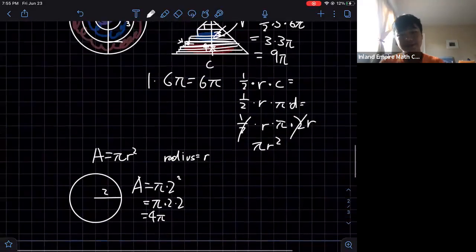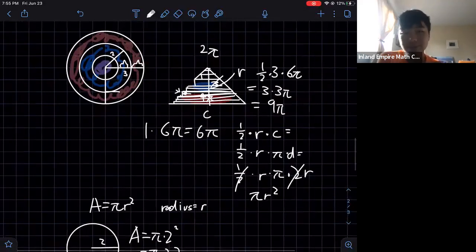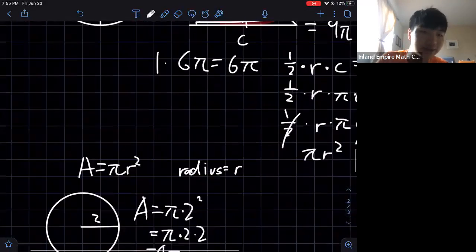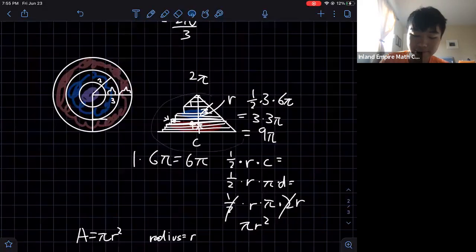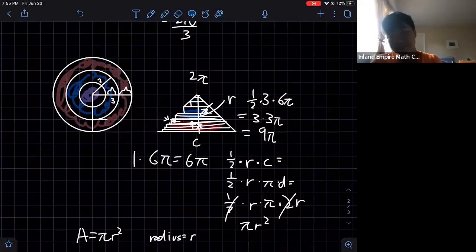So this is how you can figure out the area of a circle, but it is a little bit complicated. Later on, you'll learn a lot more about this idea of infinite division, probably in high school, because this is sort of the basis of calculus. But essentially, we can take the circle and turn it into a triangle.